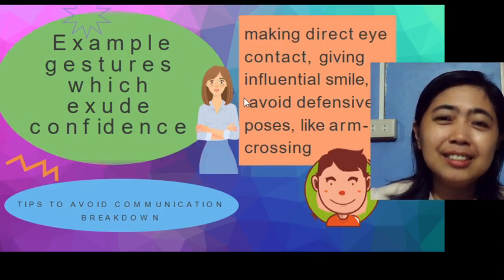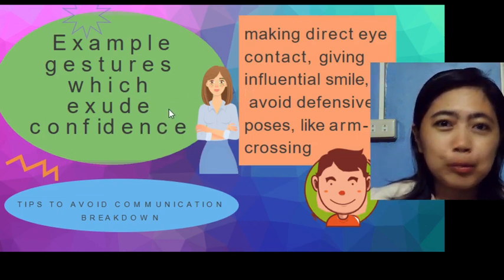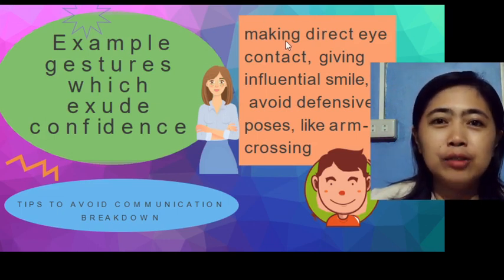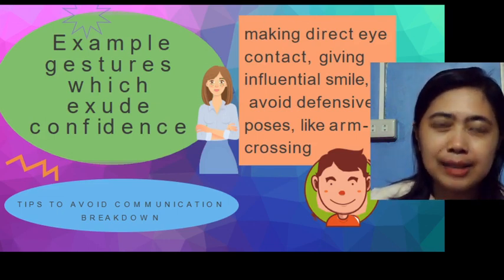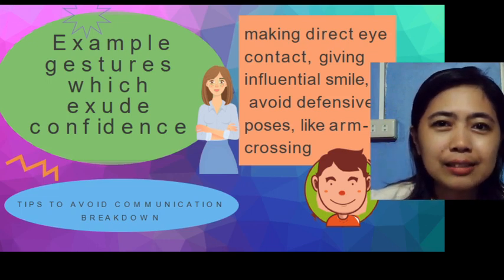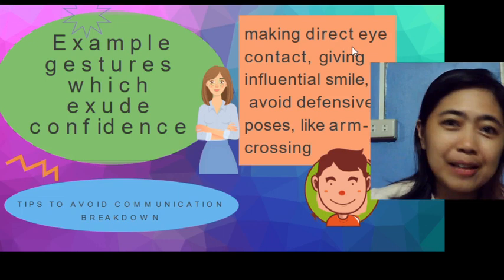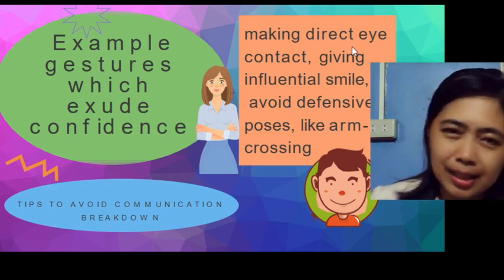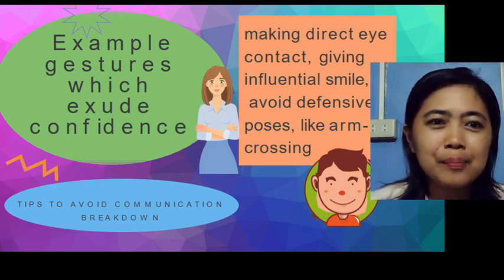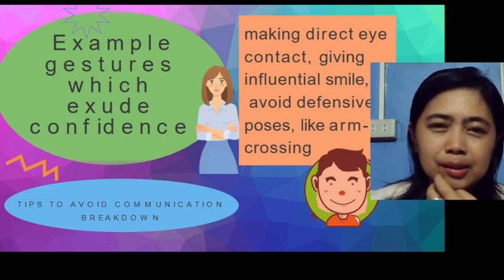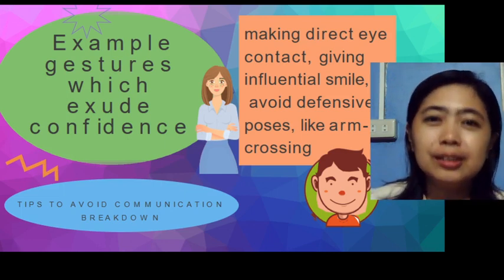Here are some example gestures which exude confidence when you speak. You have to make direct eye contact, but do not stare. Staring is keeping your eyes on one person for too long, so do not do that.